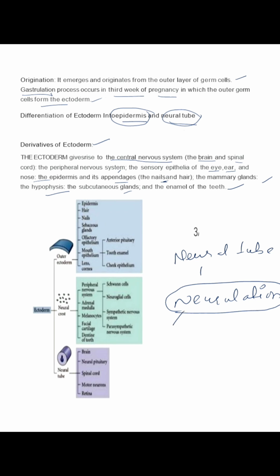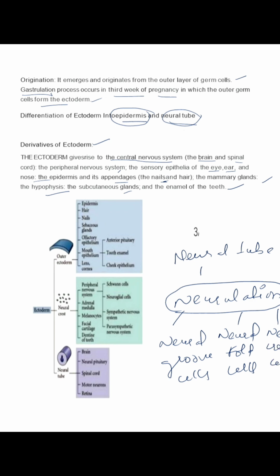They are the neural groove cells, neural fold cells and neural crest cells. Every cell has a unique identity and unique characteristics for forming different structures.